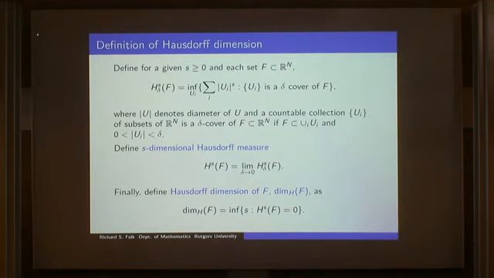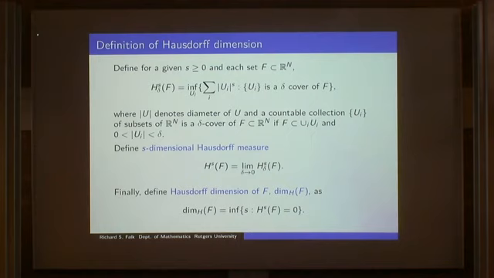As it says here, you have your set in R^n. You take this countable collection of delta covers, so the width of the sets are at most delta. You take the infimum over all possible sums of diameters to the s power. That's something with two parameters, s and delta, the diameter. You can define a Hausdorff measure. You take delta going to 0.